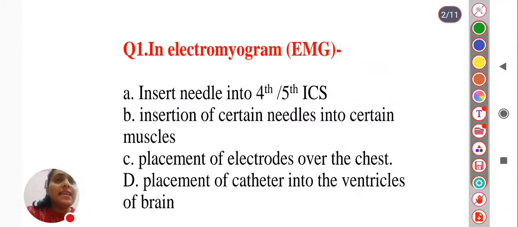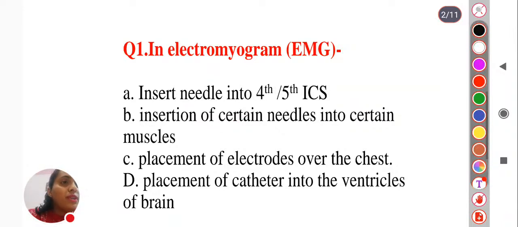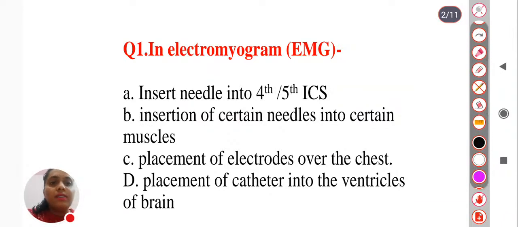So what is EMG? EMG is a process, that is electromyogram, to assess the functions of the muscles. Meenakshi Thakur B, Akriti Sharma B, yes, B is the right answer. So what we do in the EMG, the healthcare provider or the doctor will insert the needles, we also call them electrodes, into the muscles. These electrodes will be connected with the oscilloscope.